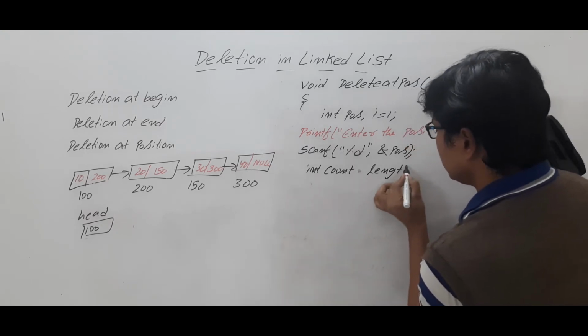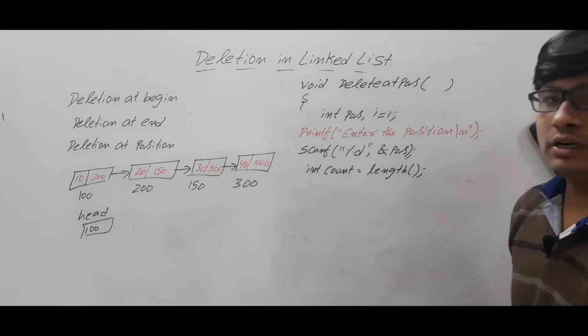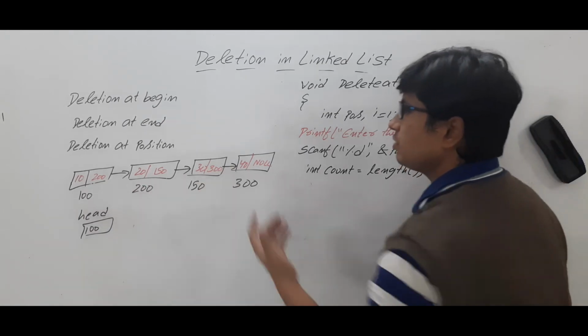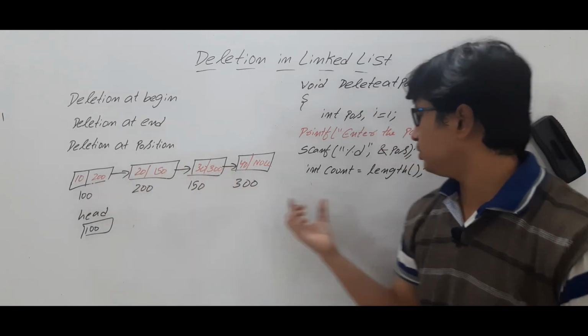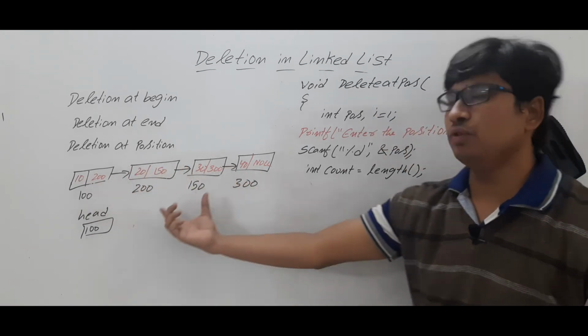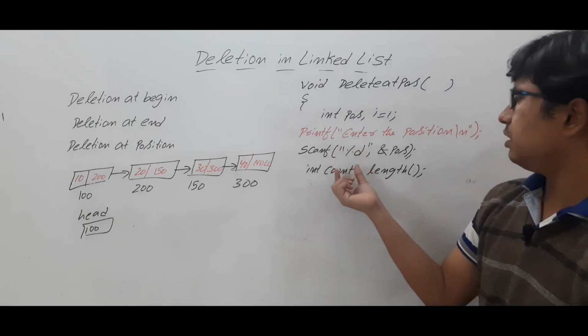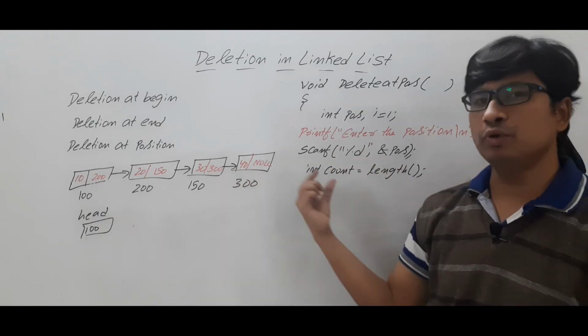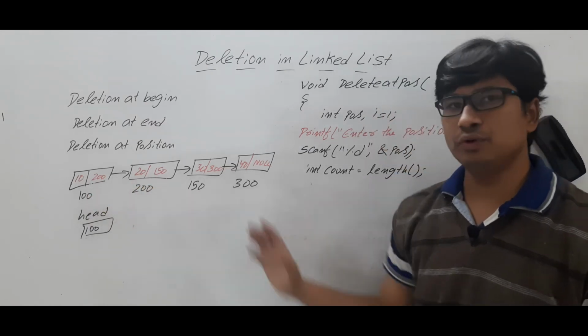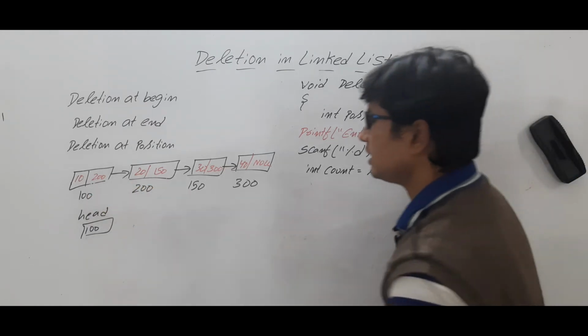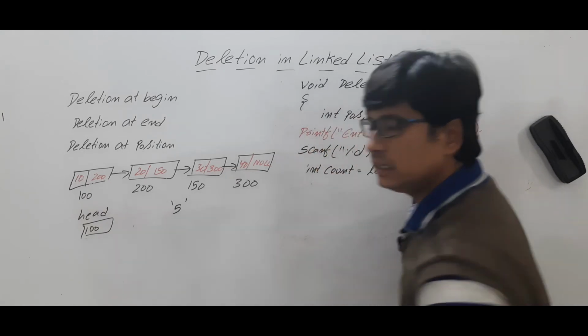This function we have already discussed; it counts the number of nodes in the linked list. Suppose the number of nodes in the linked list is 4. Then the position you are giving should not be more than 4. Suppose only 4 nodes are there; if the user has entered the position as 5, is it valid?